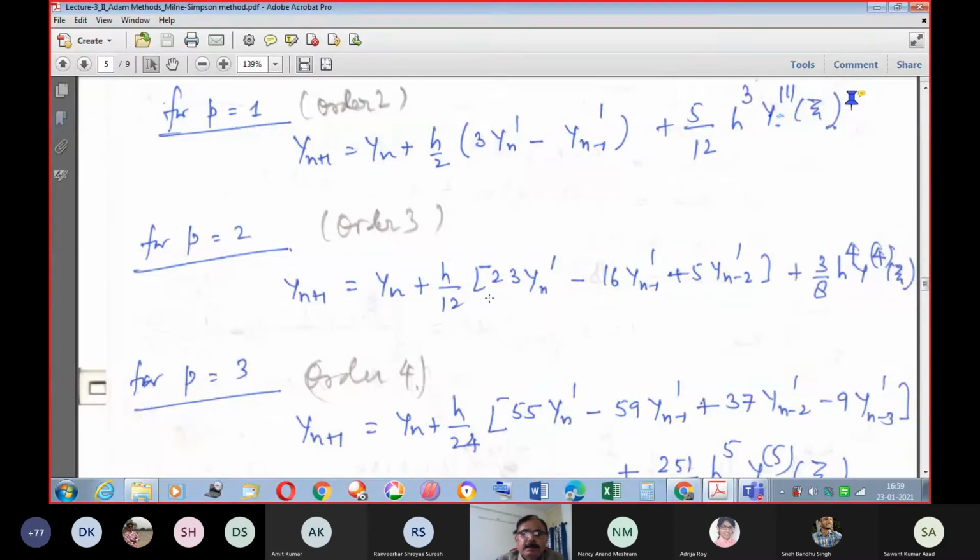So combinedly, just check that it is coming this way, that yn plus 1 equal to yn plus h by 12, 23 yn prime minus 16 yn minus 1 prime plus 5 yn minus 2 prime. Error term you leave, I will explain separately.